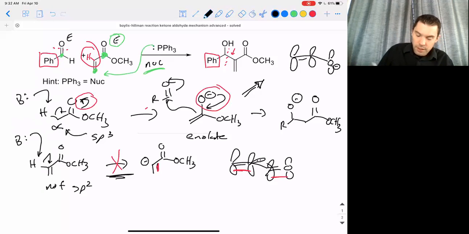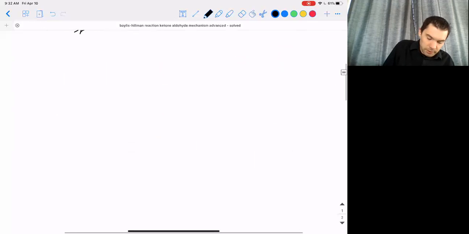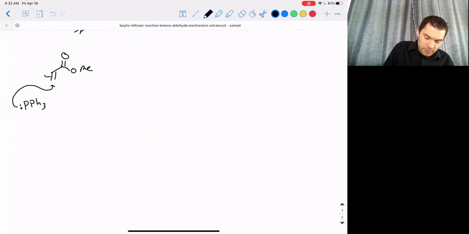And so just so we can keep the page clean here, I'm just going to redraw everything down below. So if I have my methyl acrylate and PPh3, it's got this lone pair, and it's going to come and do an attack, and we're going to make an enolate from this.